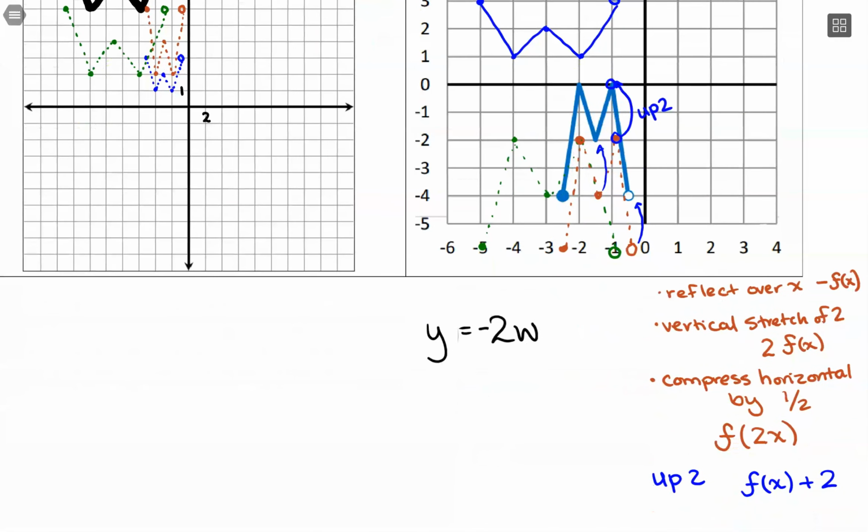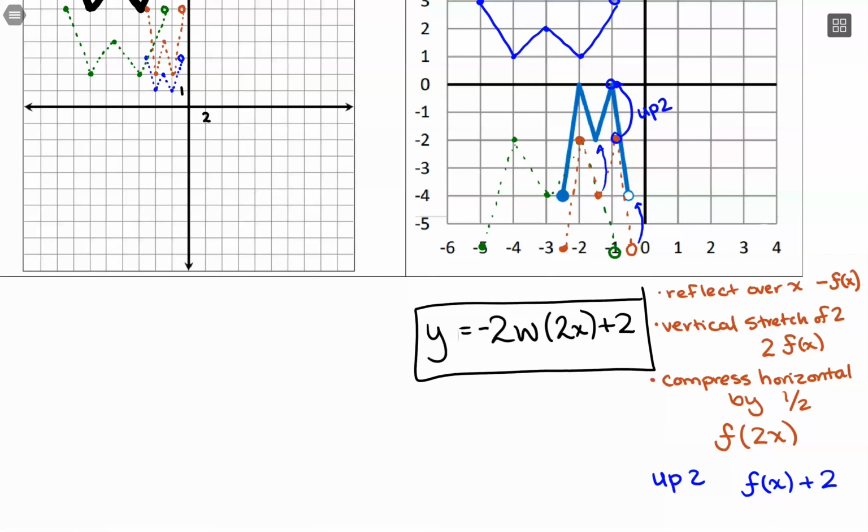And then inside, I'm going to multiply x by 2 to get that horizontal compression, and then we're going to add 2 outside. And that would be our function. So that's how we could work in reverse. Just think about stretches and compressions first, then see where you end up after doing those pieces, and then if you've done them correctly, you should have the general shape. It's just a matter of moving left, right, up, down, and you can add those into the function pretty easily.